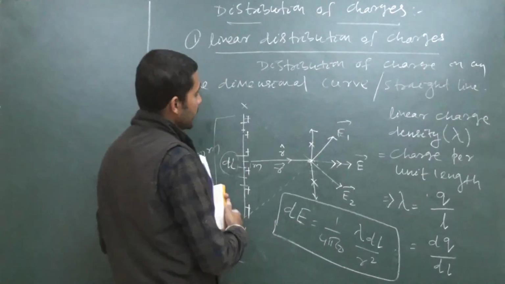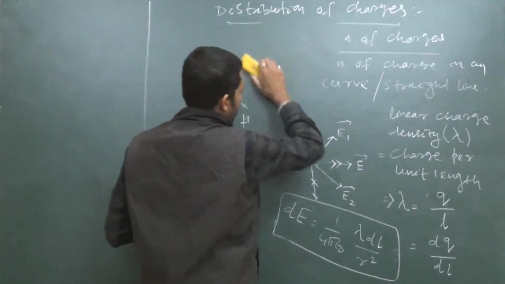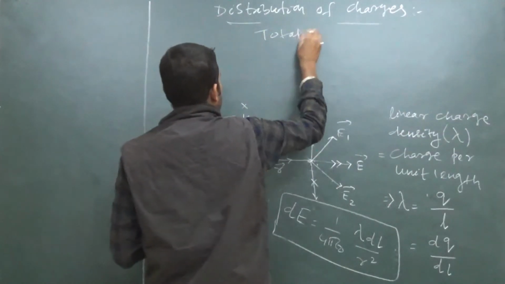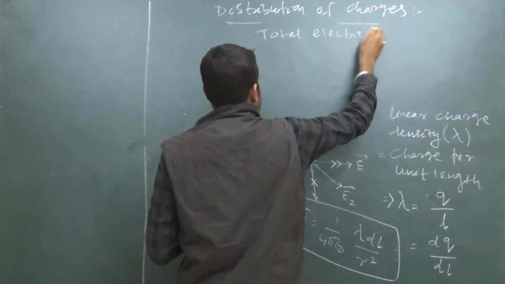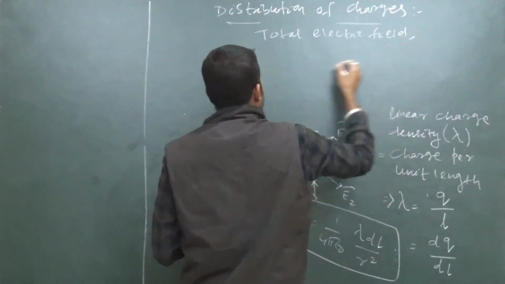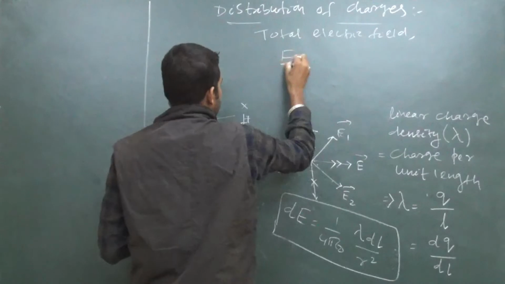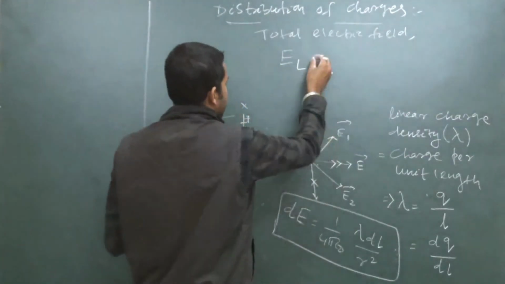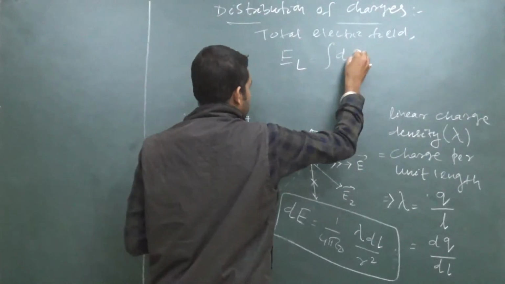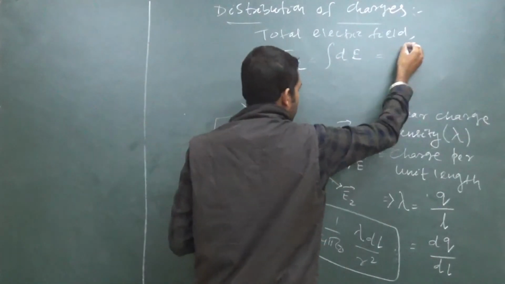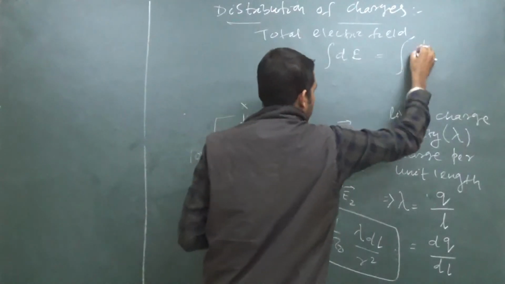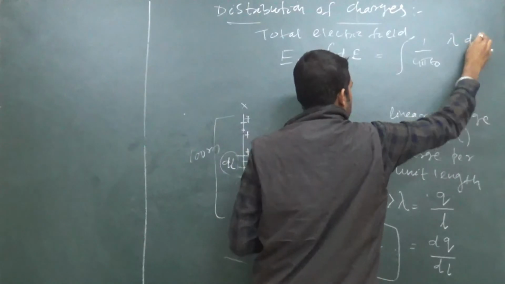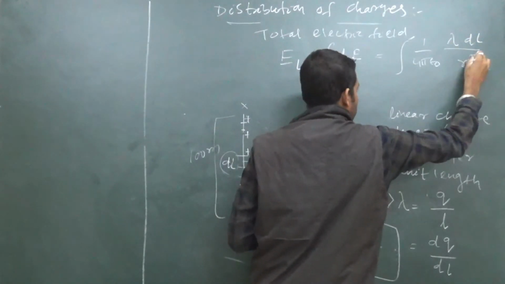So to calculate the total electric field applied on the point, we can write the total electric field, E due to line charge, E_L, as the integration of dE, which equals the integration of 1 by 4 pi epsilon naught lambda dl divided by r square.